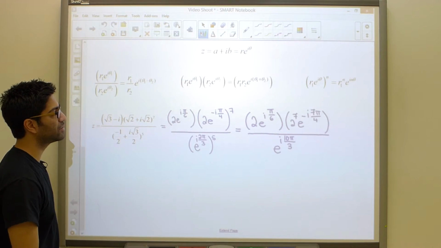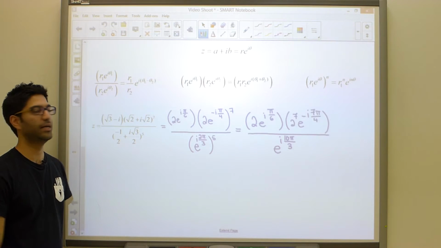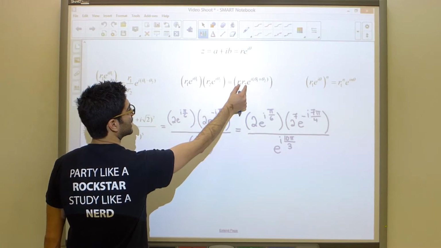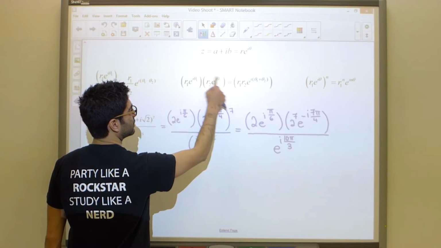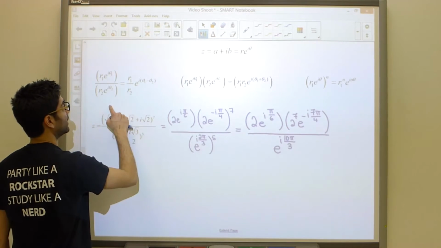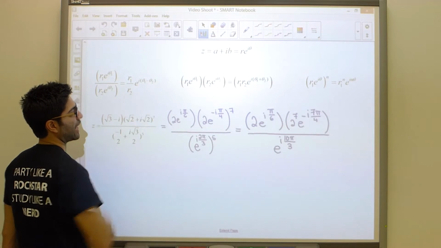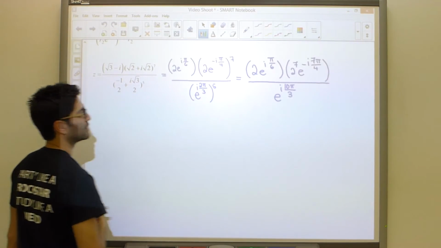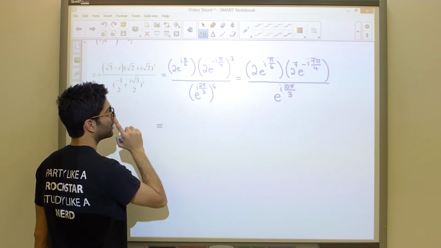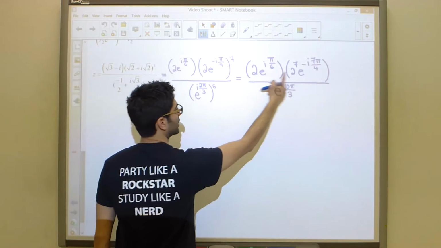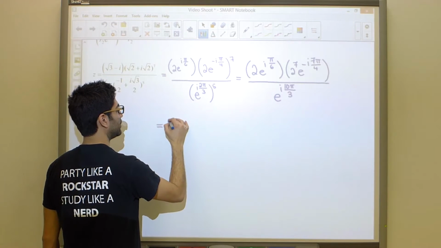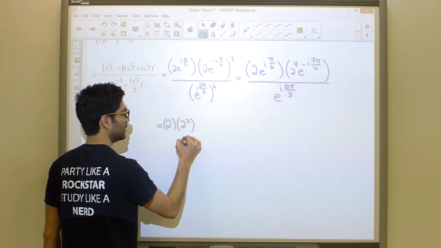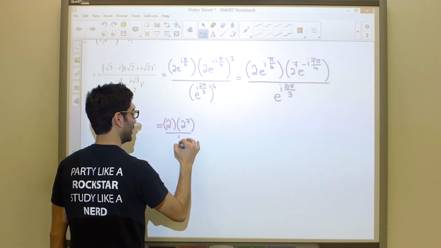And now we can do pretty much everything else in one step, guys. Remember, if we are multiplying, the r's get multiplied and the angles add up. If we are dividing, the r's get divided and the angles subtract. We can do all of that in one step. Let's deal with the numbers first. So let's multiply and divide our numbers: 2 times 2 to the power of 7 divided by the number down here, which is 1.